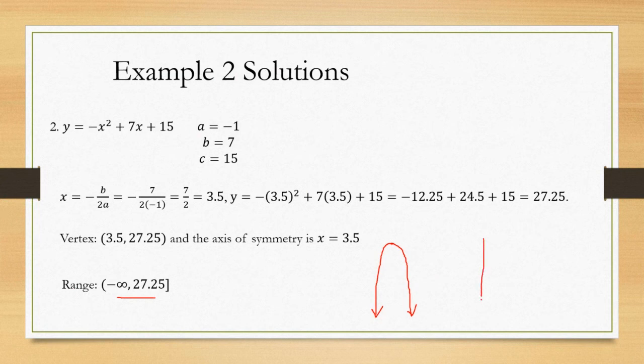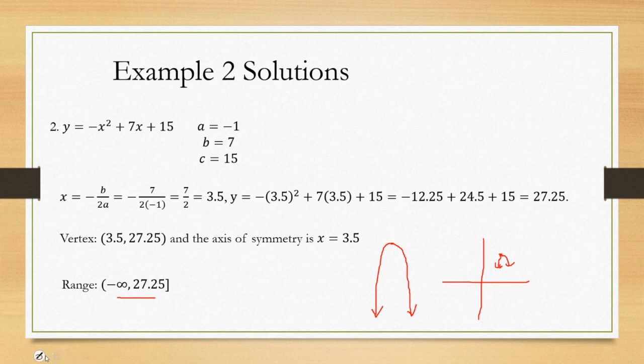Not only that, what quadrant is the vertex in? Well, that's in the first quadrant, right? Up here somewhere. And since it's opening downward, what's going to happen is the graph eventually will have to cross the x-axis. Those are supposed to be arrows.